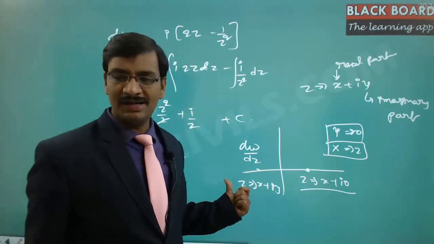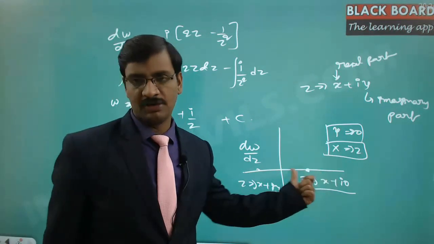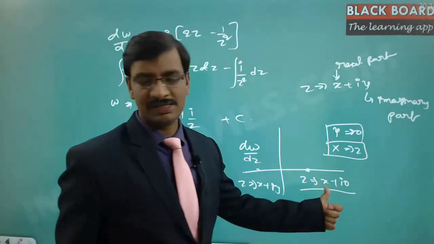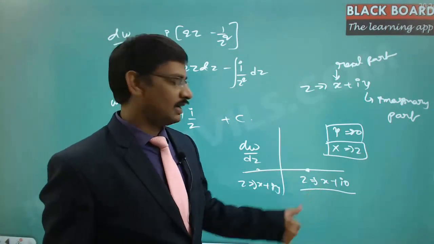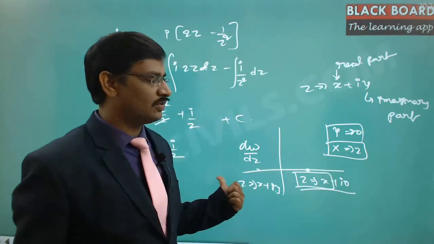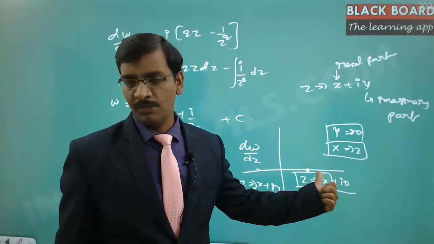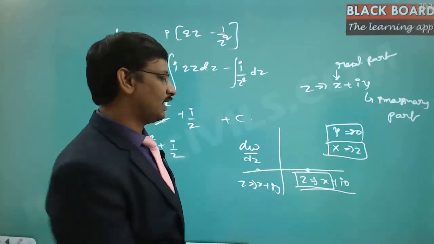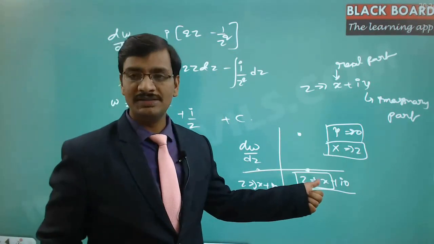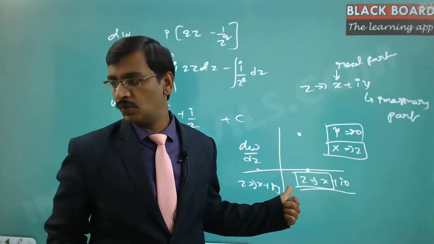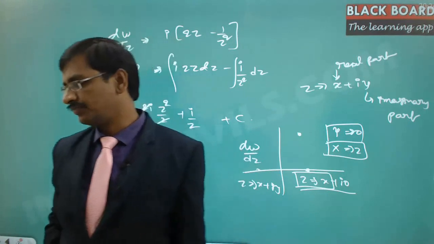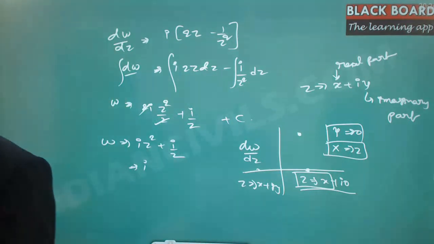Now, if you consider the dw by dz value on this real line, where z can be expressed as x plus i into 0, then z is equal to x is a safe assumption to find the derivative on this line. But this value is valid even here, because you are generalizing the discussion for z only, though we have considered it on this particular line. Got it? Understood or not?